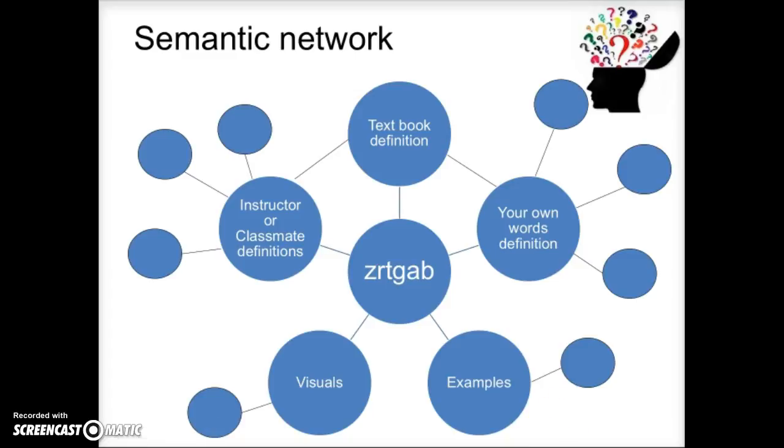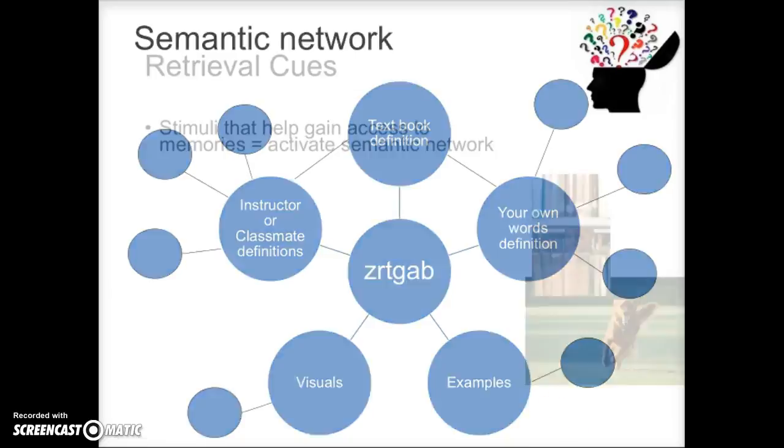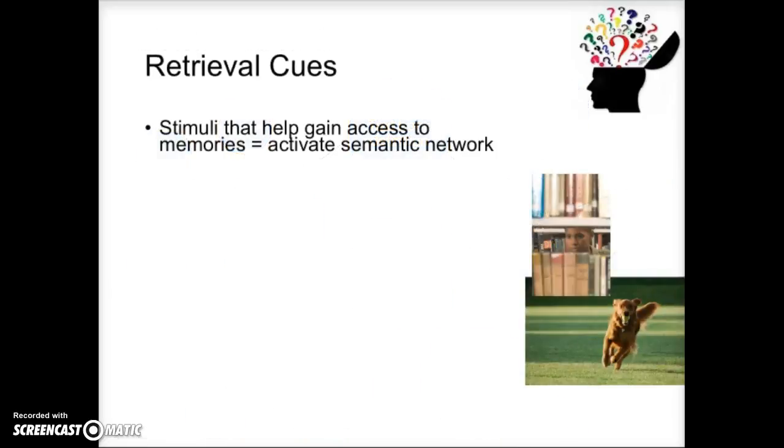But in order to do that, I need something called a cue. A retrieval cue is some sort of stimuli that activates this semantic network. It's a sight, a sound, a smell, a taste, a touch that sets off activation in this network and allows me to get to the target memory.